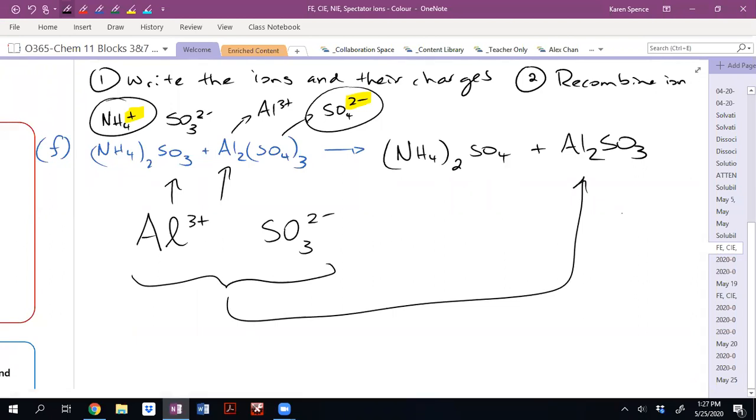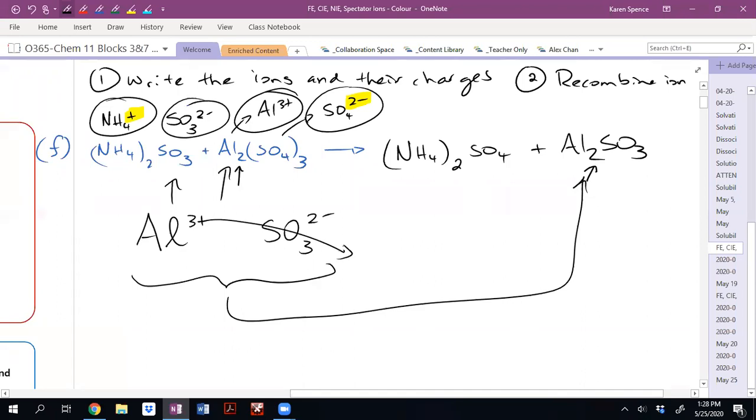No, so you have to be careful. You can't just take the numbers from here and say, oh, that's the same numbers I'm going to have over here. That's why you write out the ions and their charges. So you can say, I have Al3+, I have SO3 2-. That means I'm going to need 3 of the SO3s and 2 of the aluminums.